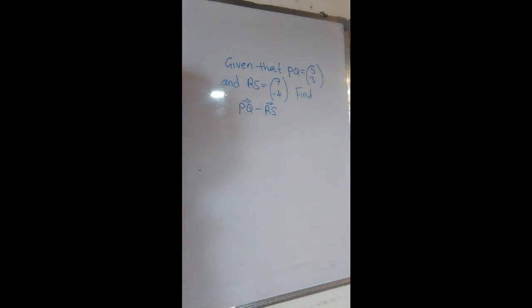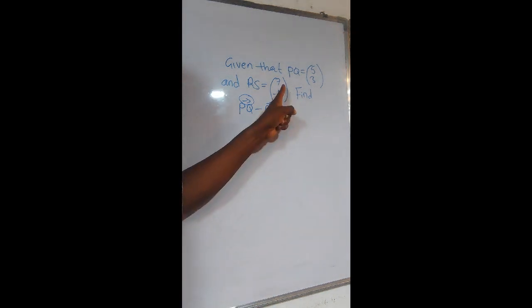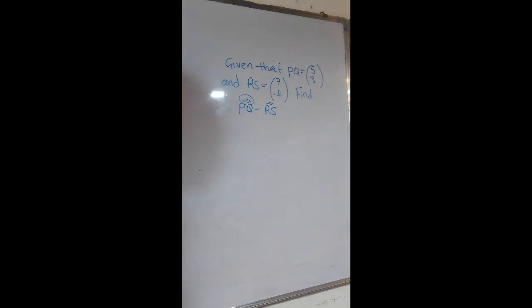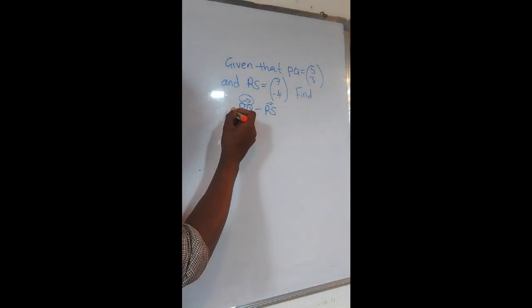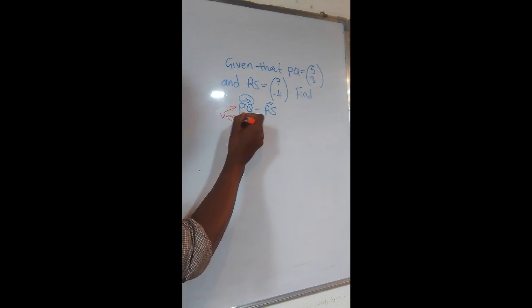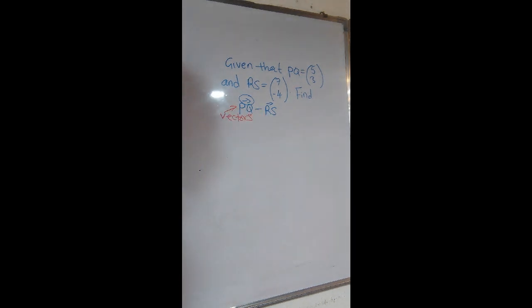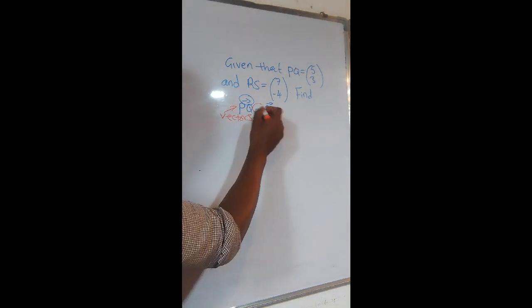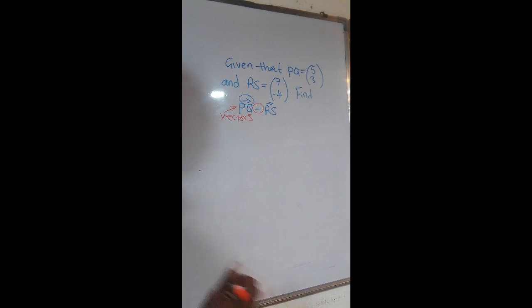You can see that these forward arrows refer to the direction of these numbers. We have to be very careful because these numbers mean something. This is vectors. Now the most important thing to understand is that we are subtracting. Vectors can be added or subtracted.